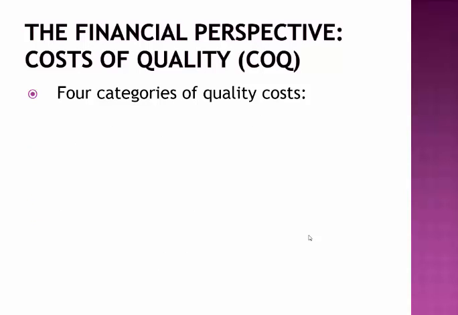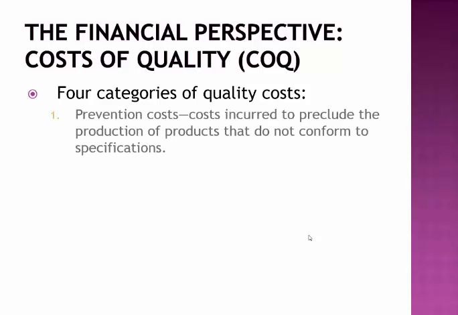For example, the first one is prevention cost. And prevention costs are those that are incurred to preclude, or before, the production of products that do not conform to specifications. So, for example, what can we do to prevent additional issues and cost?